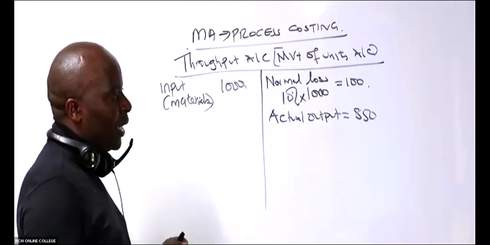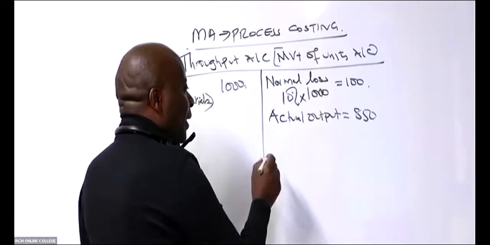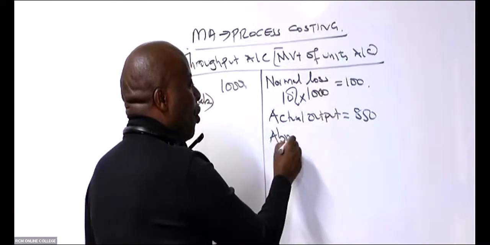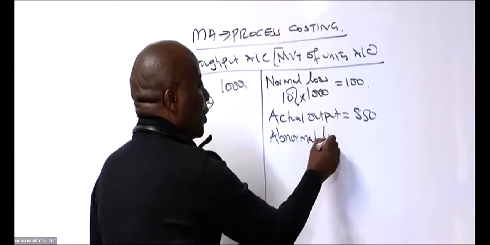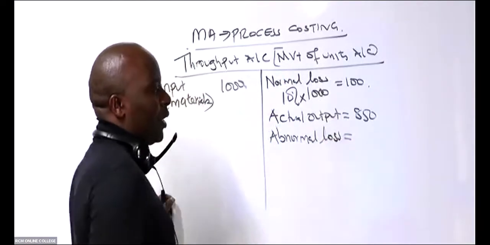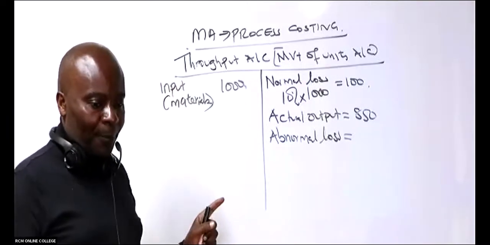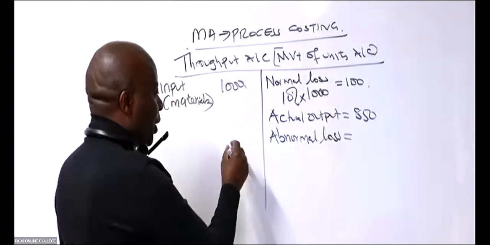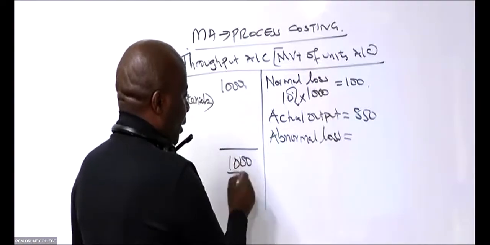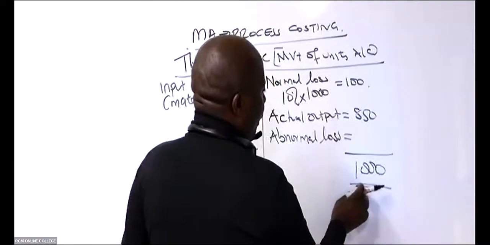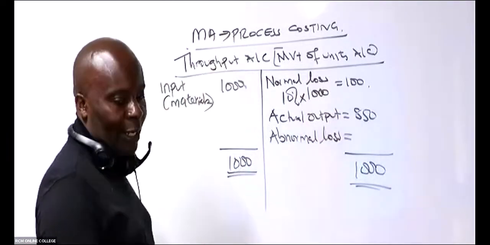If the balancing figure goes to the credit, we call it an abnormal loss. So I'll go to the credit because I can see this is 1,000. So 1,000 minus this will end up giving me how much?